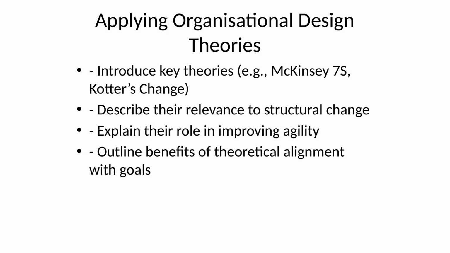This reduces confusion, sets a consistent direction, and increases the chances of successful implementation. In this presentation, we use these models to frame a cohesive transformation strategy. Their strength lies in their ability to balance structure and culture, critical for lasting organizational agility.